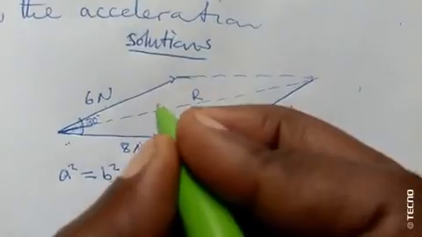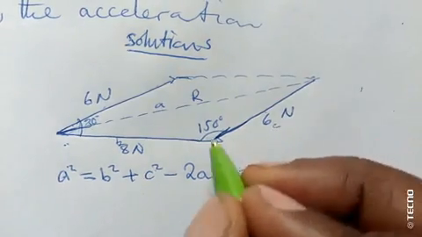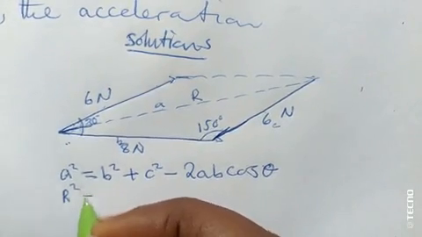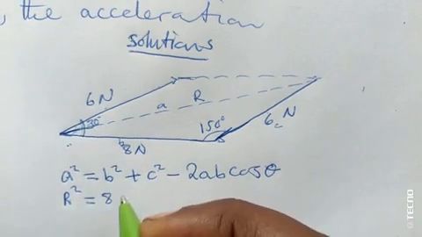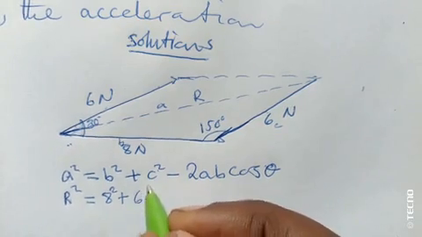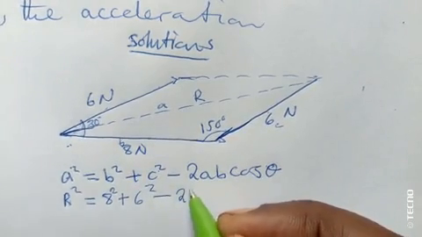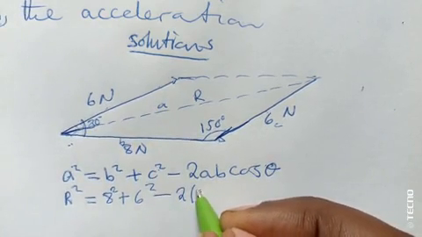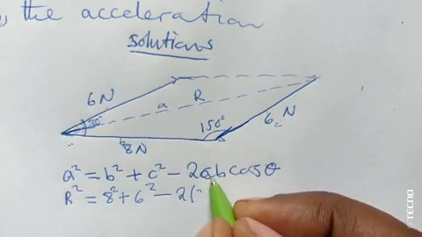Here we'll say A, B, then C. So there is R. You say R squared is equal to, where there is B, you replace with 8 squared, plus 6 squared, minus 2, then open bracket. Sorry, here it's supposed to be BC, so we'll say CB, no problem.